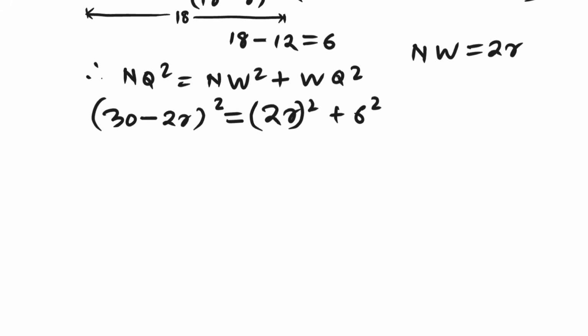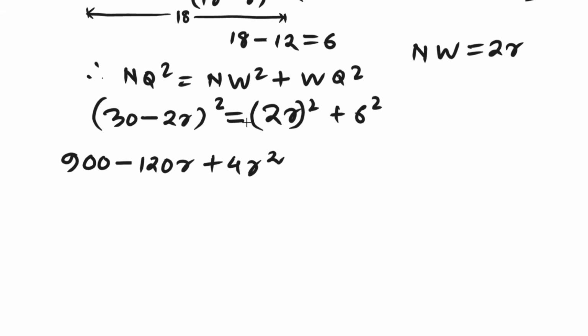Let's expand both sides carefully. The quantity 30 minus 2R all squared becomes 900 minus 120R plus 4R squared. On the right side, the quantity 2R all squared becomes 4R squared, and 6 squared equals 36.